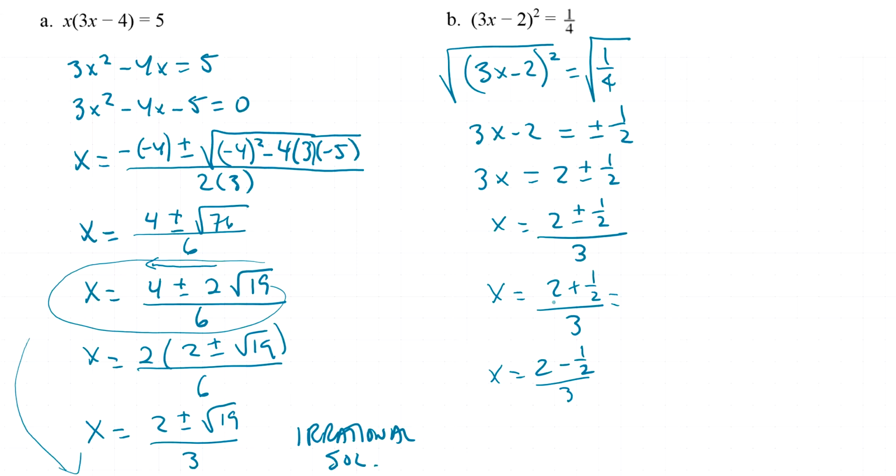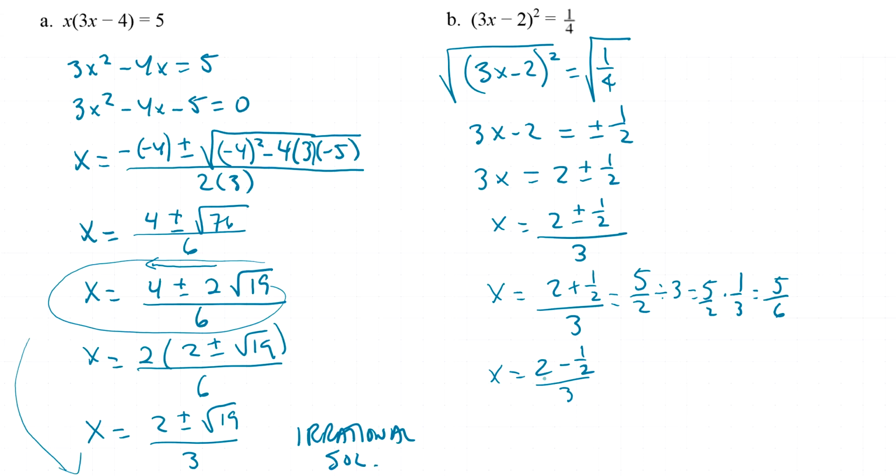So that's going to be 4 halves. So 4 halves plus 1 half is 5 halves. And then divided by 3 is actually the same thing as 5 halves times 1/3, which is going to be what? 5/6. Okay, so there's one answer.